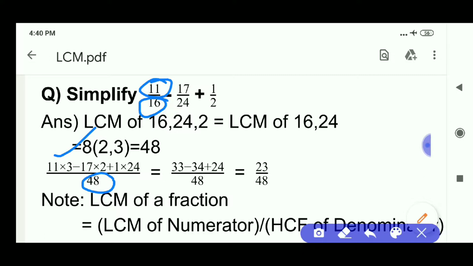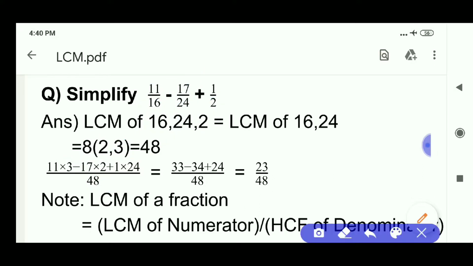Copy this minus as it is. 24 twos are 48, so it is 17 into 2. 2 twenty-fours are 48, so it is 1 into 24.